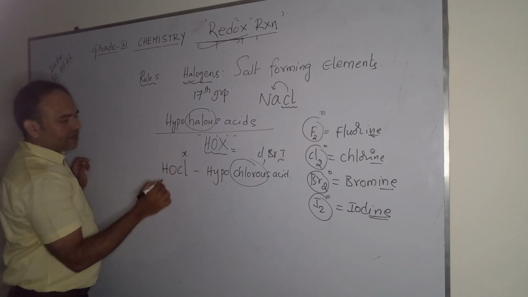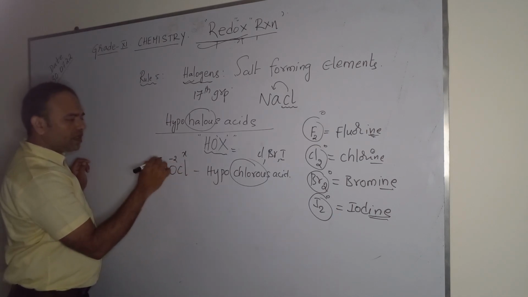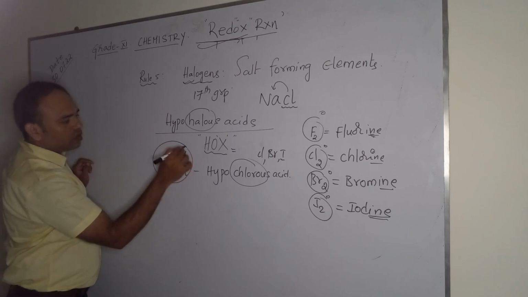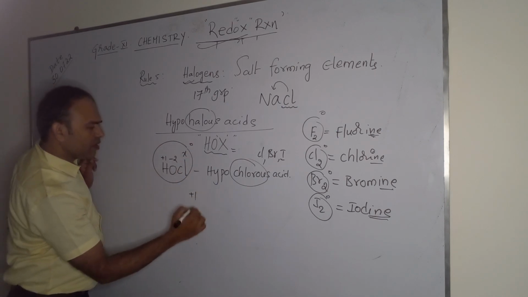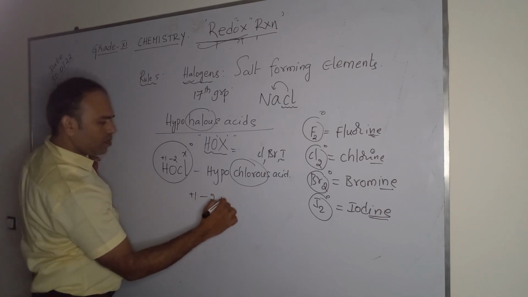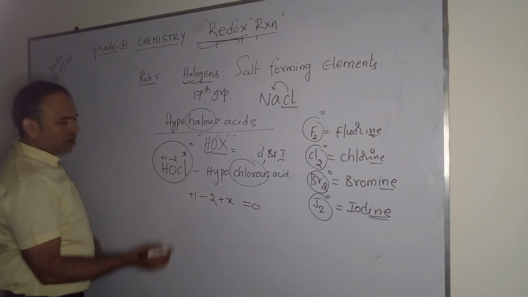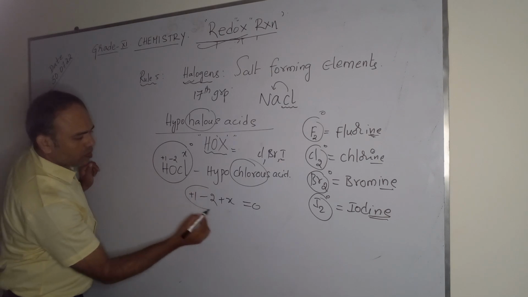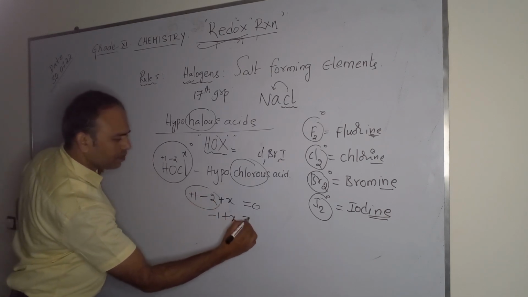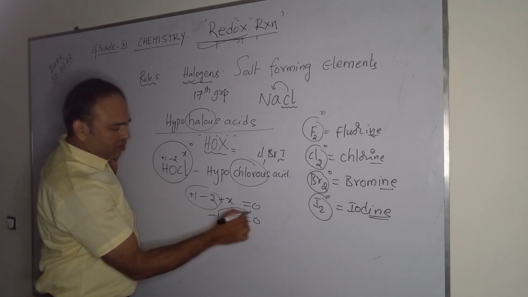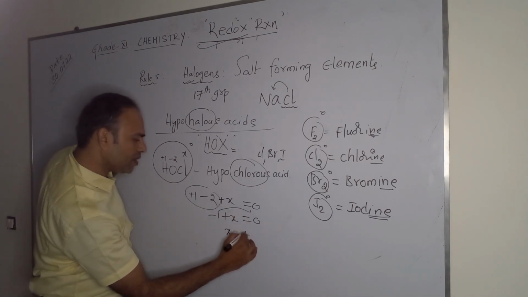Taking it as X, and you know O is minus 2 and H is plus 1, the total is 0, equate: plus 1 minus 2 plus X is 0. Now these two, minus 2 and plus 1, is minus 1. Send this to the other side, X will become plus 1.